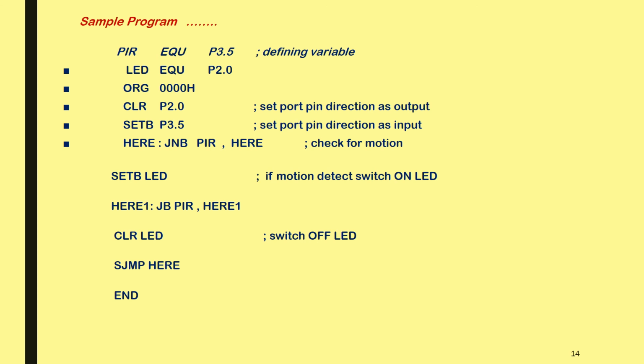Try to understand: if there is a motion, it will change its status, and automatically the LED will be turned off. Getting it? Whenever there is a difference in the temperature detection, there will be a change in the status of the respective PIR pin. This is the simplest way of writing a small code to detect PIR sensor related motion detection activity. Thank you.